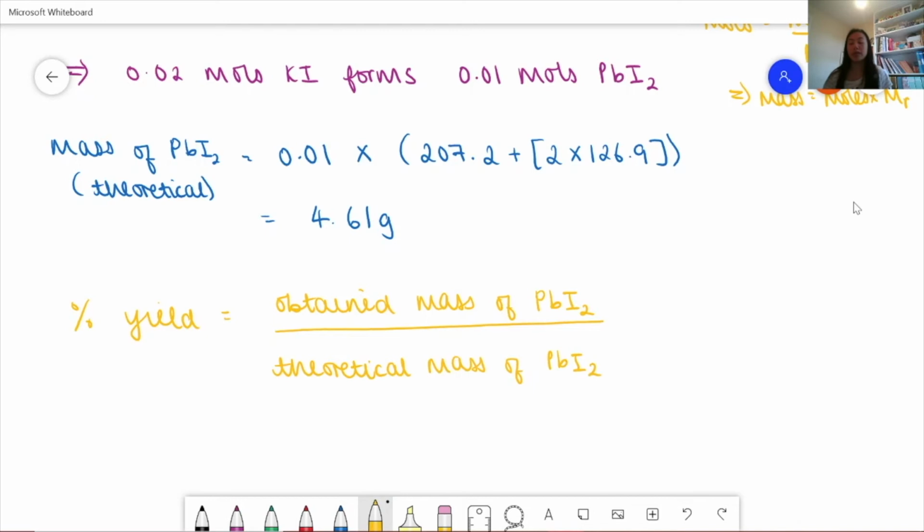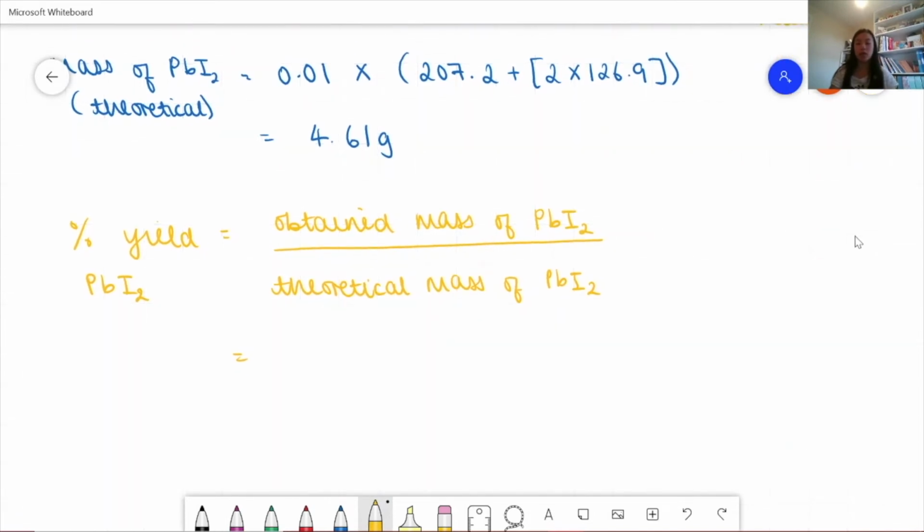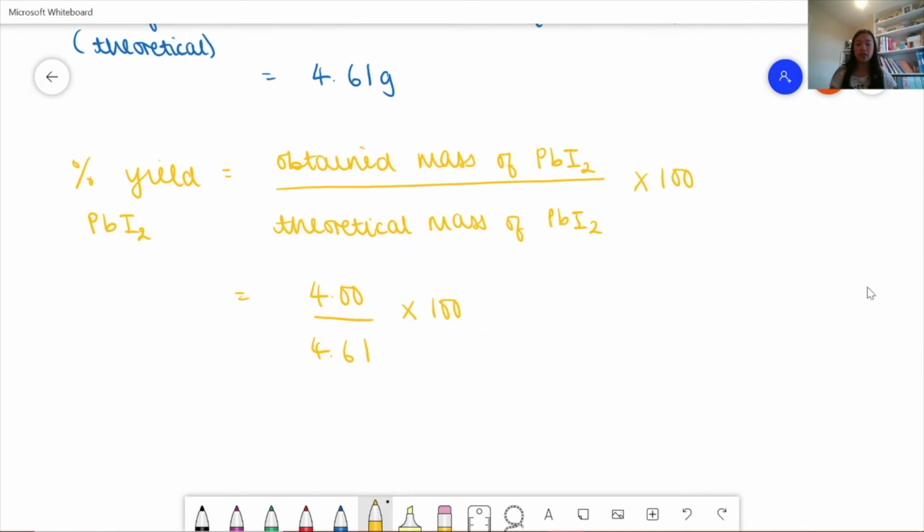So of course this would be the percentage yield of this lead iodide. And so if I told you that the obtained mass of lead iodide was 4 grams, then we would have 4 divided by 4.61 multiplied by 100, because this is what turns it into a percentage. And this gives us 87%. So the yield is actually quite high.